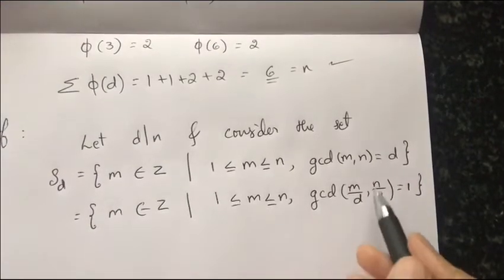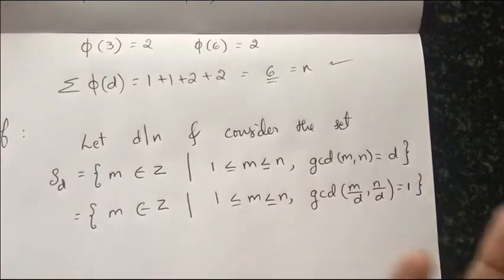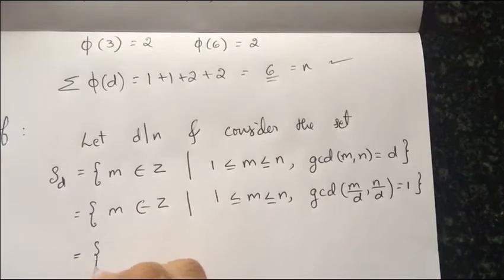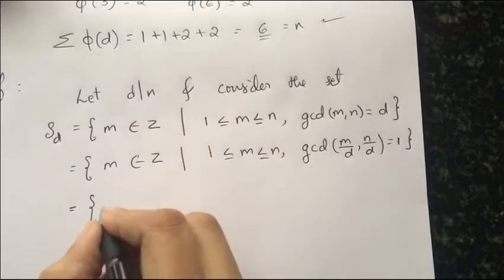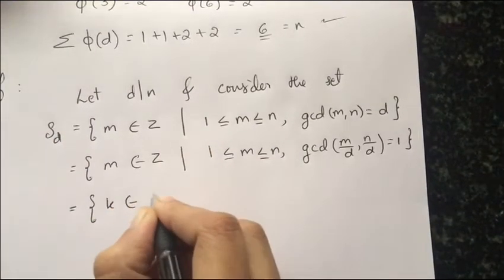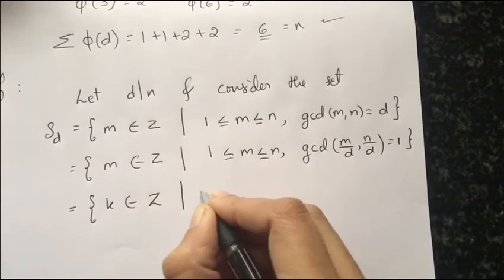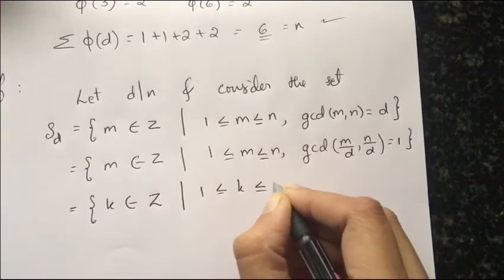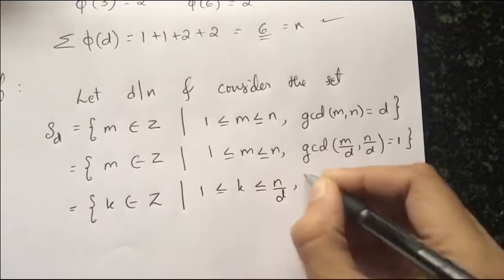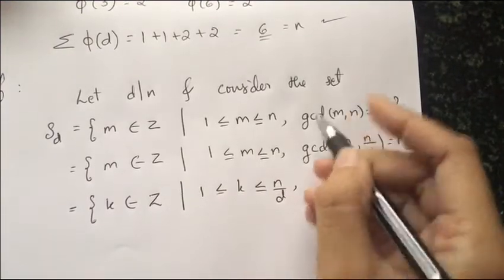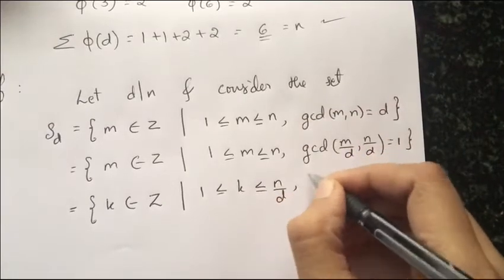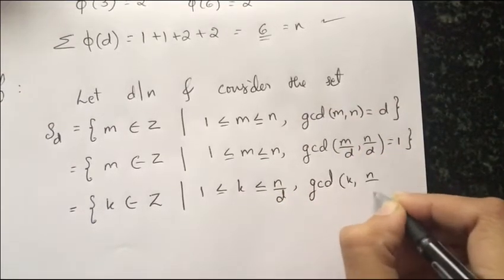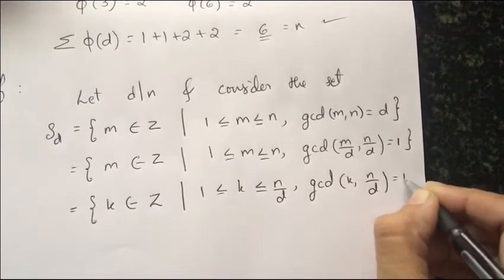Now instead of writing m by d every time, I'll just use the notation k. Now the set S_d is the set of all integers k such that 1 is less than or equal to k less than or equal to n by d, and the GCD of k comma n by d is equal to 1.